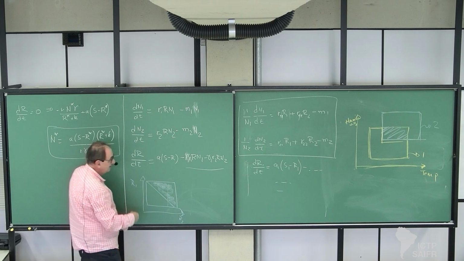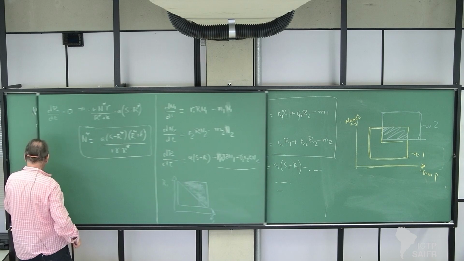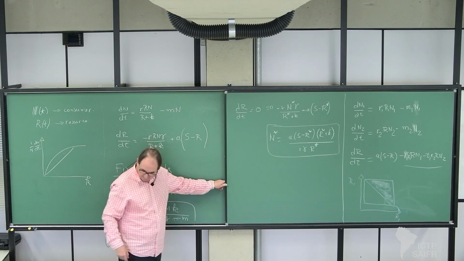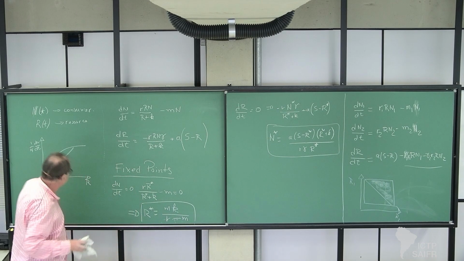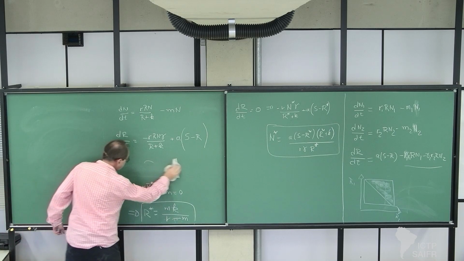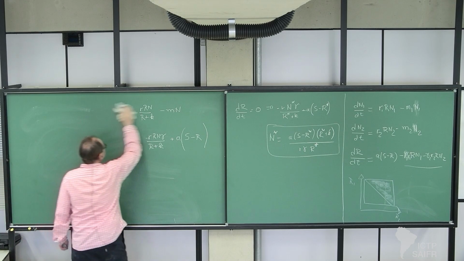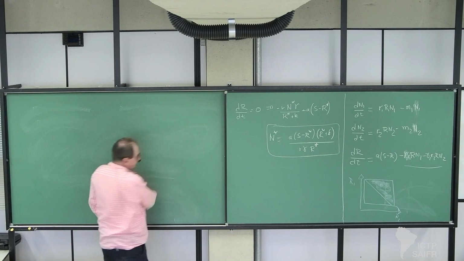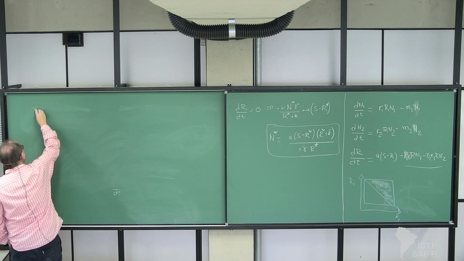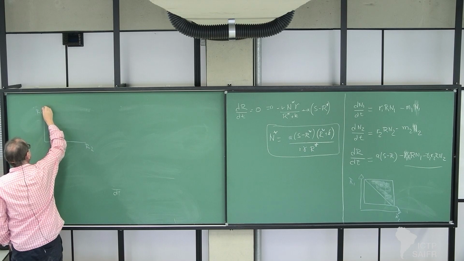So for instance, you could have things like resource 1 and resource 2. Here, let's say that you have this.